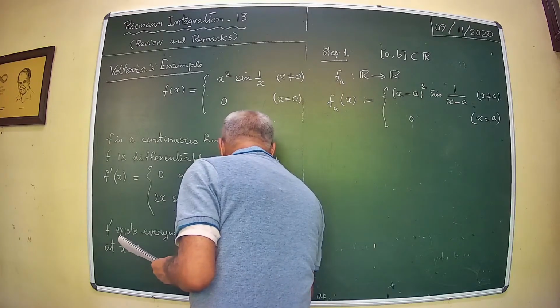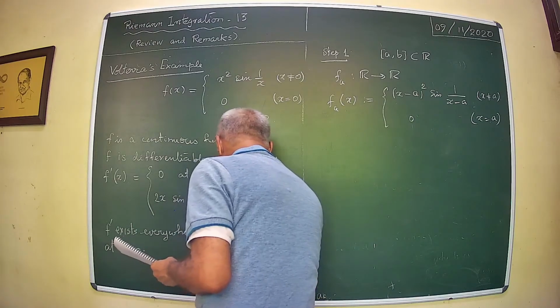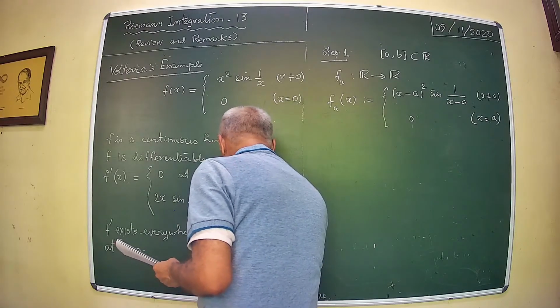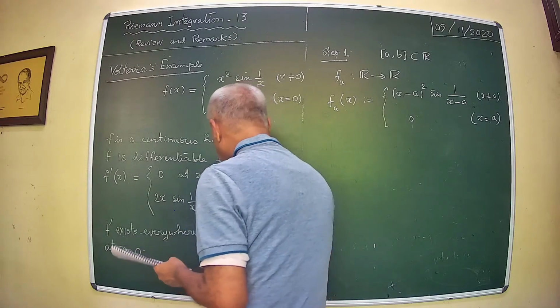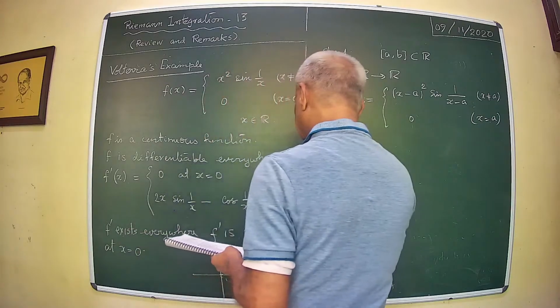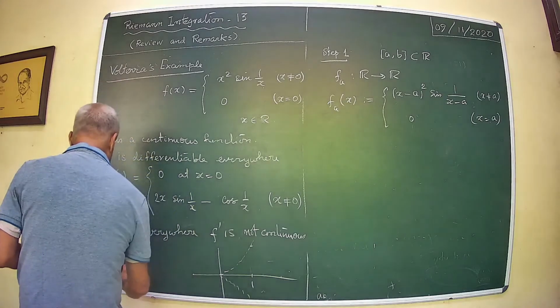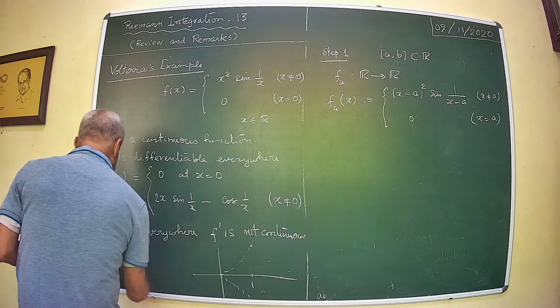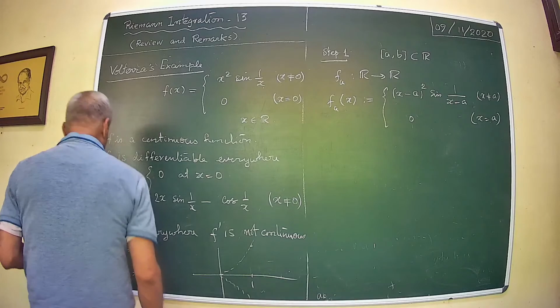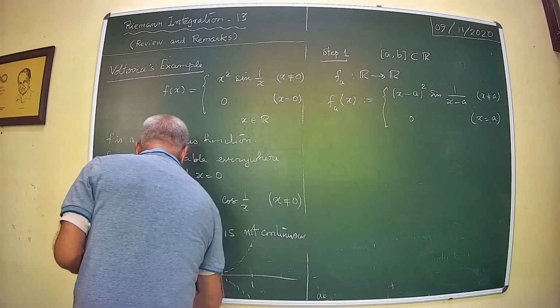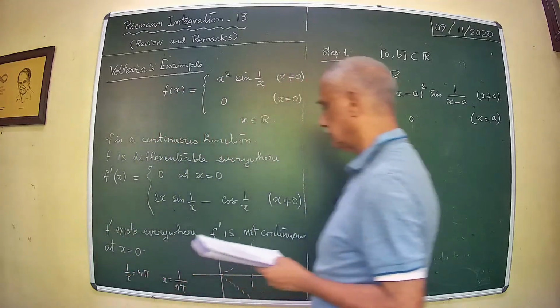And you see that the zeros of this function can be easily computed. So it is 1 by x equal to n pi, or x equal to 1 upon n pi, that will be the zeros.